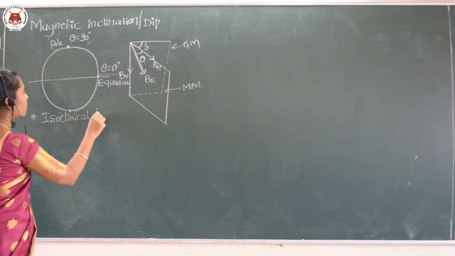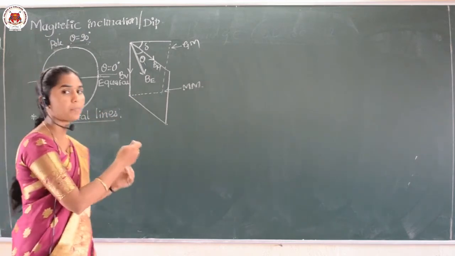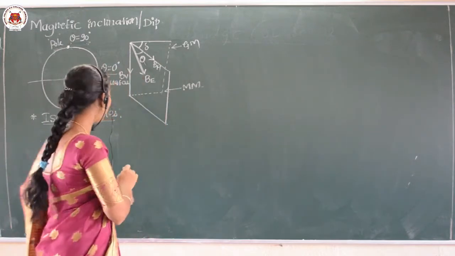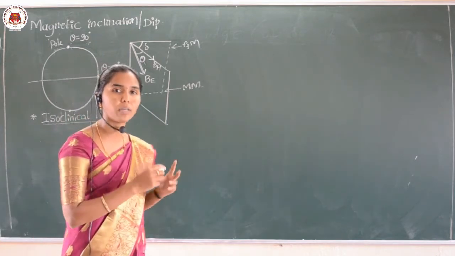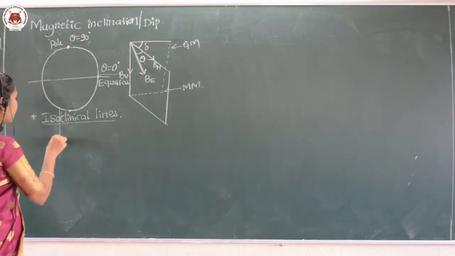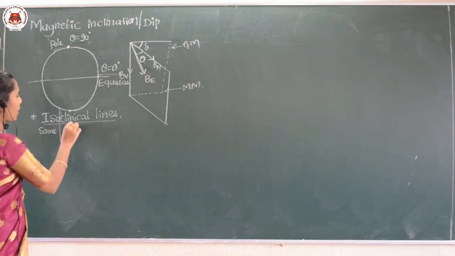Isoclinical lines. What are isoclinical lines? The same thing you studied in declination, where they are called isogonic and agonic lines, but here they are isoclinical. Again, the word iso says it is the same. Clinical means dip angle.